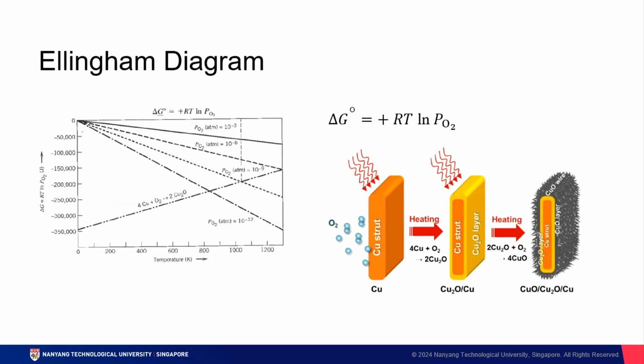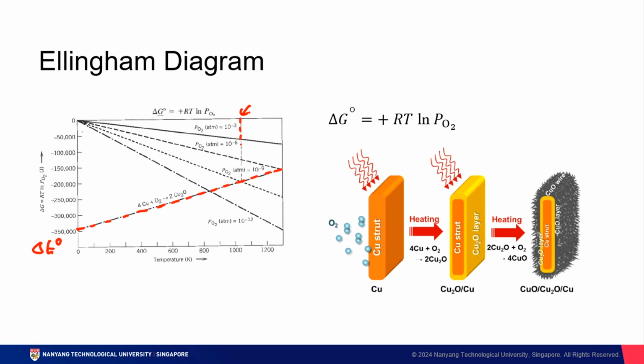How can the engineer make use of an Ellingham diagram? So we have already determined that this line is essentially delta G naught, which is the equilibrium Gibbs free energy. Let's say the furnace operates at this temperature over here. If the engineer in the control room wishes to get pristine copper, he has to figure out what exactly is the equilibrium pressure for O2 and make sure that the pressure is below that.